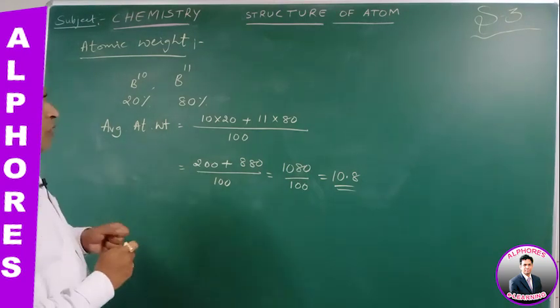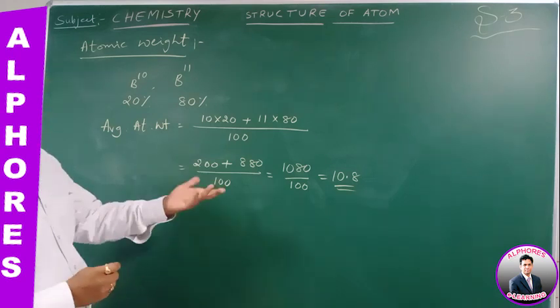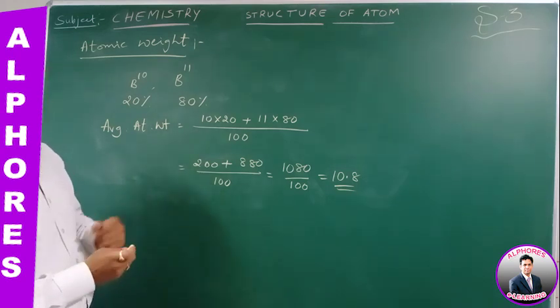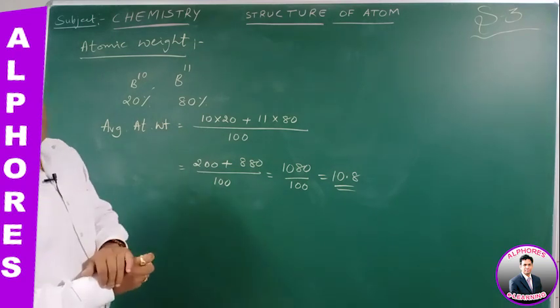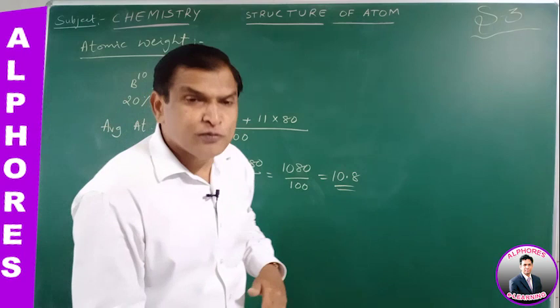So the average atomic weight of boron is 10.8, and we round it to 11 because it is close to 11. That is how to calculate the atomic weight of elements.